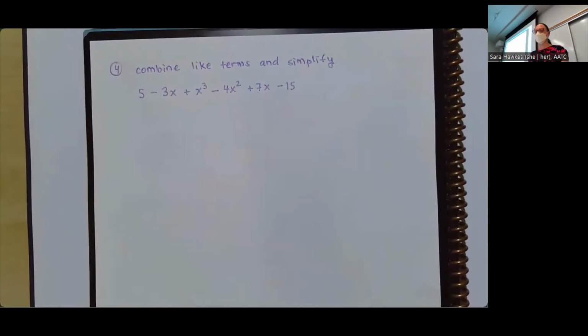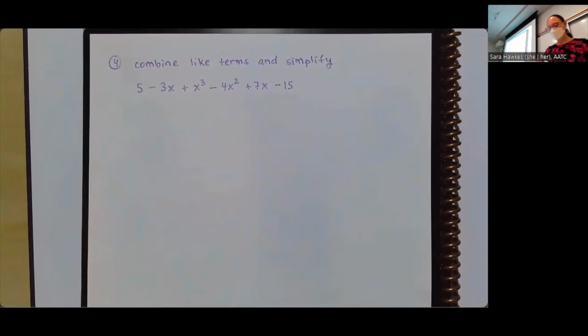That phrase, like terms, means that we're looking for monomials that have the same letters raised to the same powers.